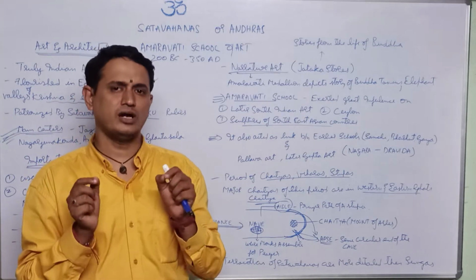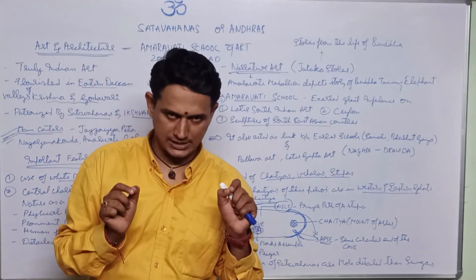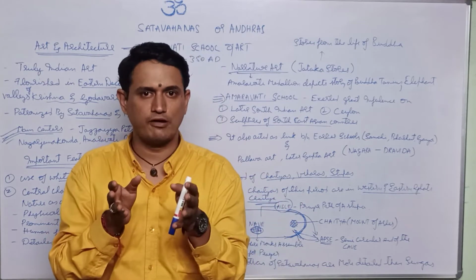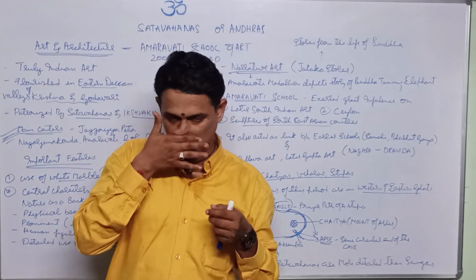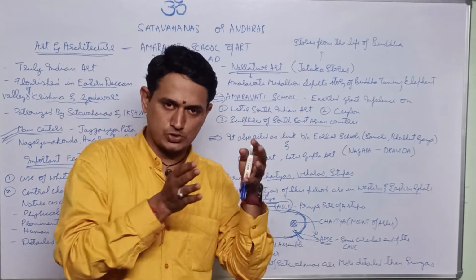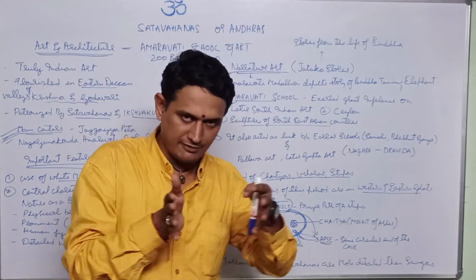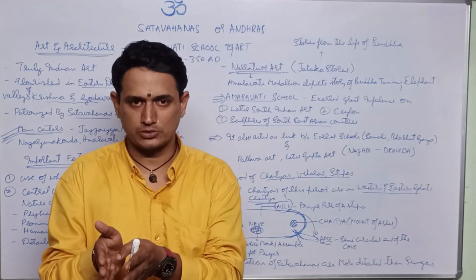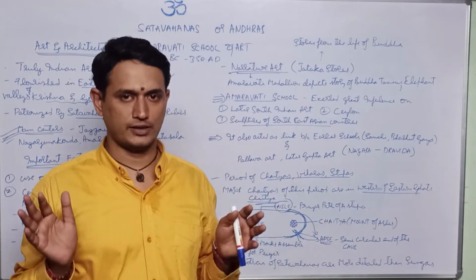What is meant by Jataka tales? Jataka tales are the stories from the life of Lord Buddha, Mahatma Buddha, which were taken in segments with respect to this particular school of art.